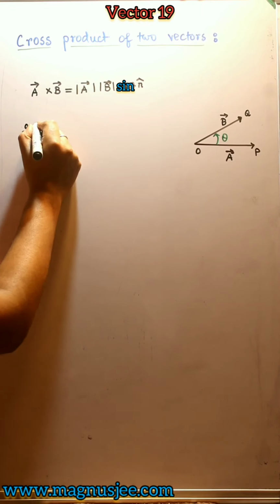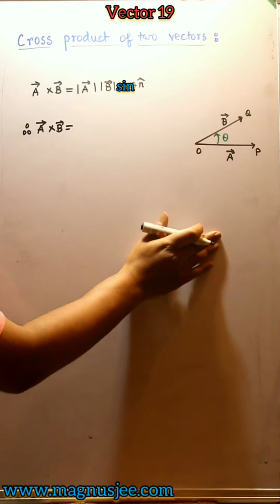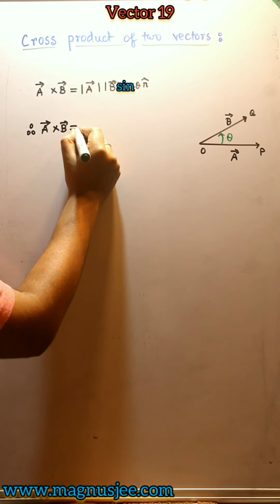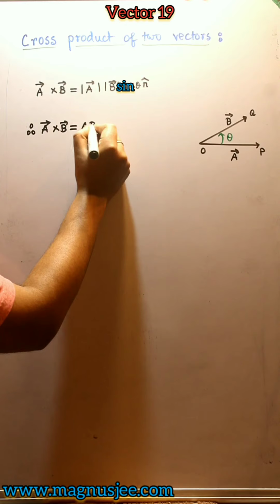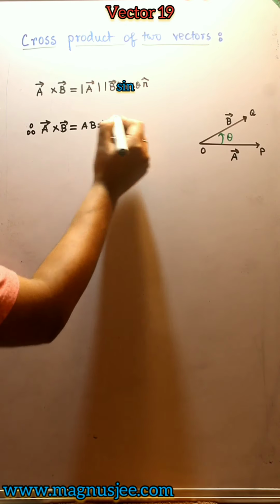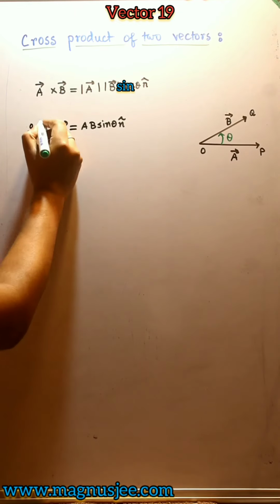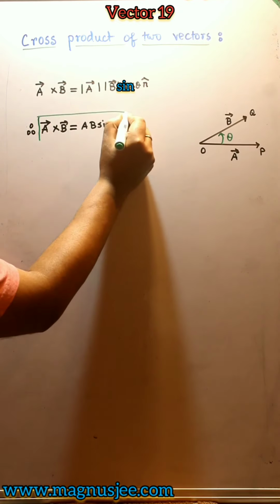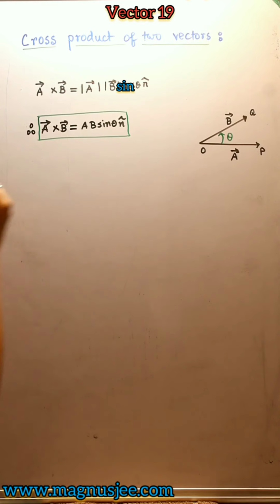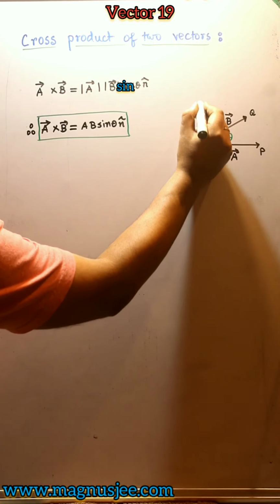Therefore, vector A cross vector B equals AB sin theta n cap. This is the formula of cross product of two vectors.